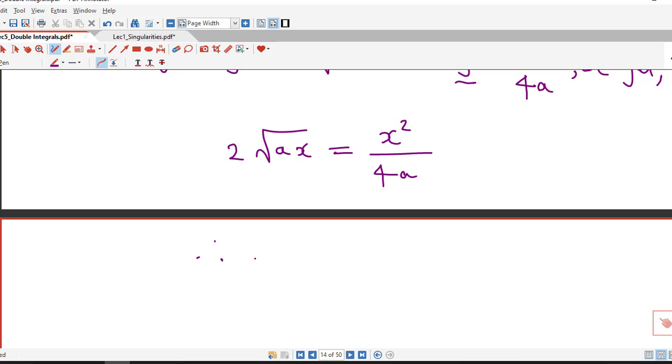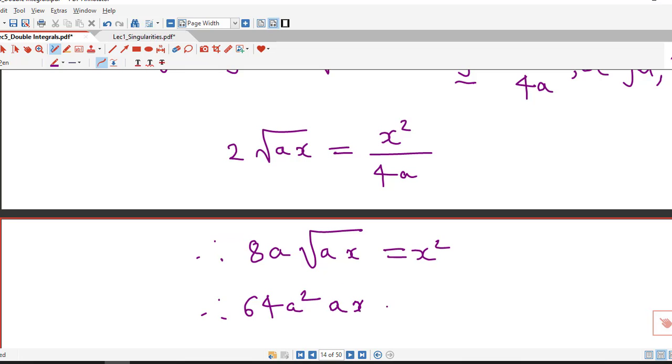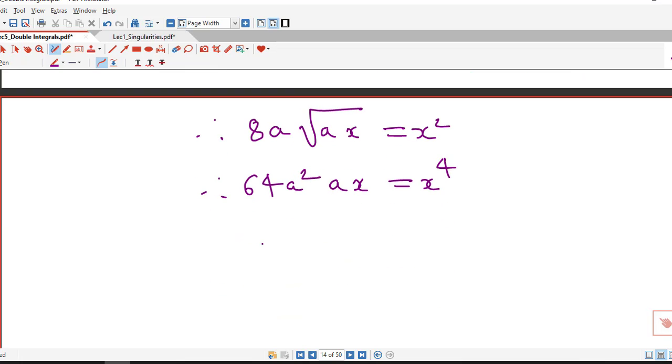If we take this to the other side, it is 8 times a into square root of ax equal to x square, and if we take square on both sides, we have 64 a square into ax equal to x to the power 4. This we can rewrite as 64 a cube times x minus x raised to 4 equal to 0.